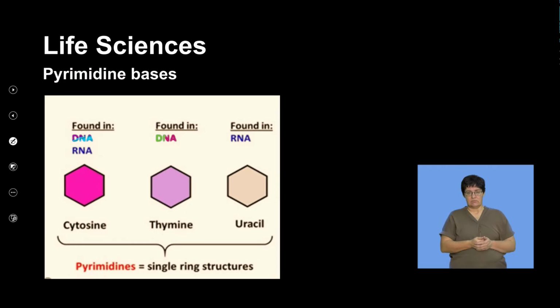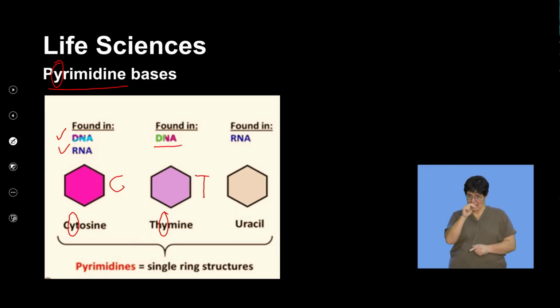The other family that we refer to are your pyrimidine bases, and I often try and focus on the Y in pyrimidine, and that often helps me to remember that the 2 that are in this group are cytosine and thymine. Your C is found in DNA and RNA, and your thymine is found in DNA only.